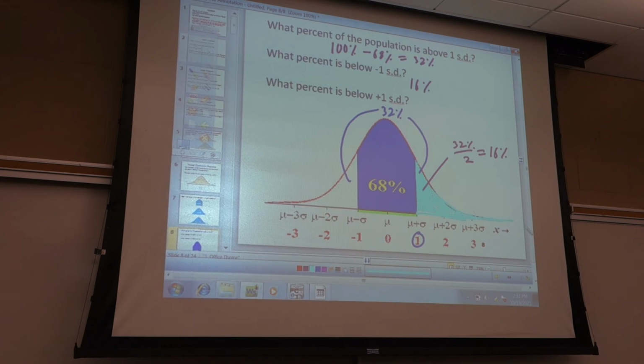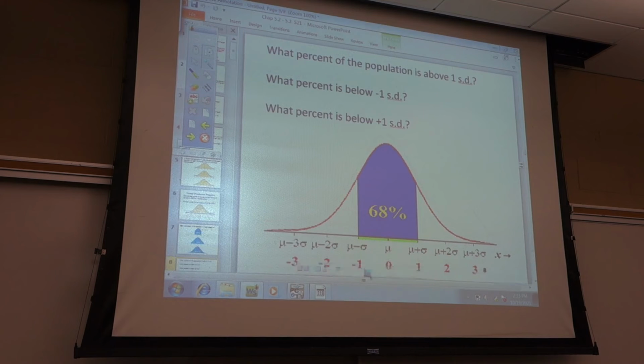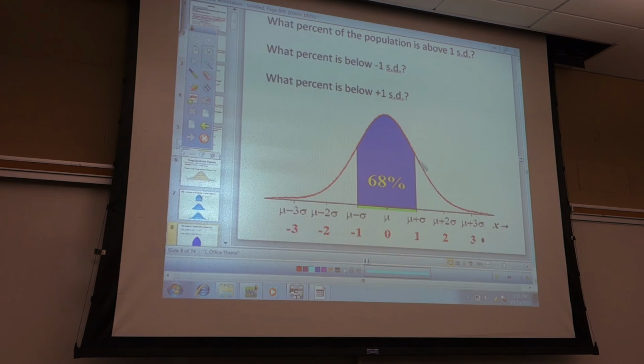Let me give you guys a fresh copy. So Bola says 84. How did you find that? 16 minus 100. So if this part here is 16%, then below it is all the rest of this.